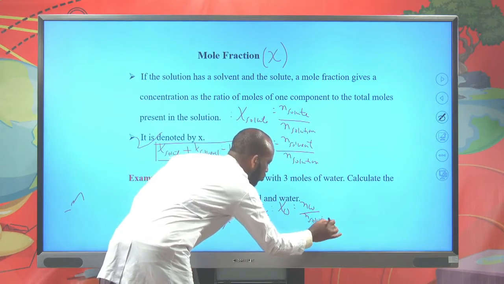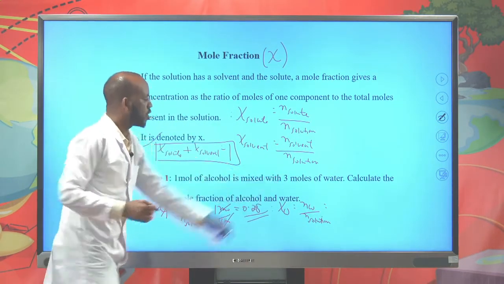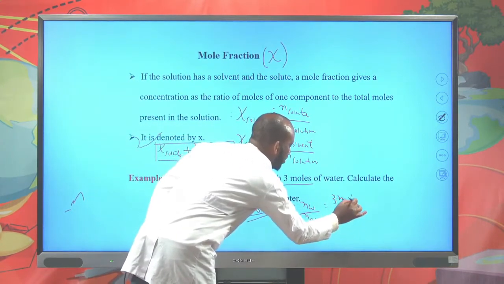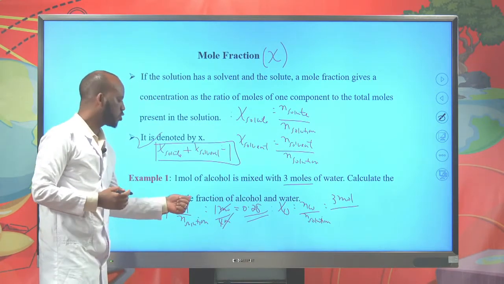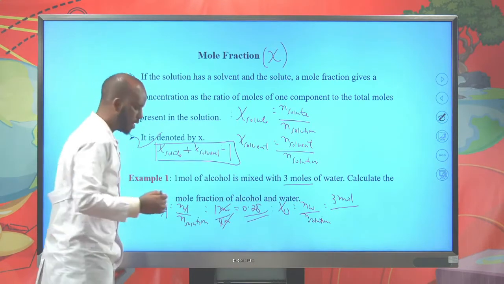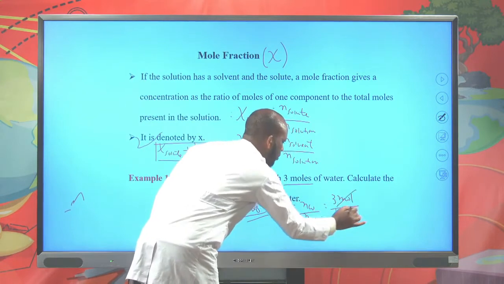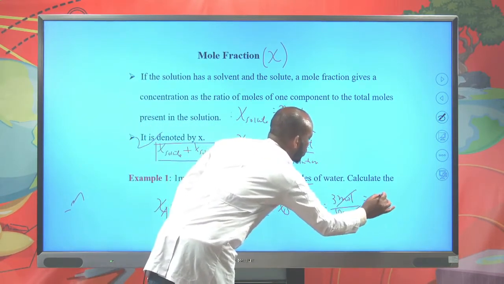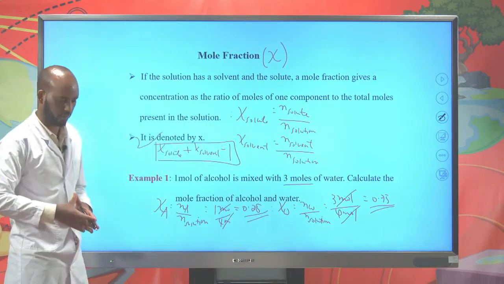Number of moles of water is 3 moles, divided by number of moles of solution, which is 1 plus 3, is 4 moles. Mole will be cancelled by mole. 3 divided by 4 is 0.75. Mole fraction has no unit.